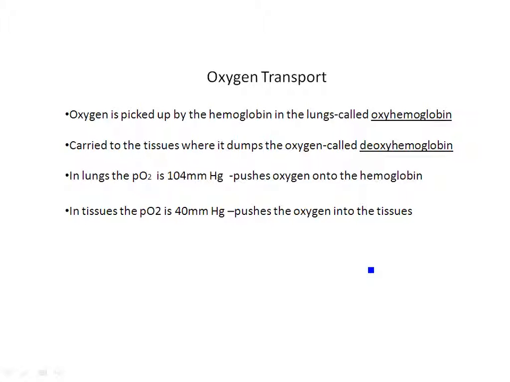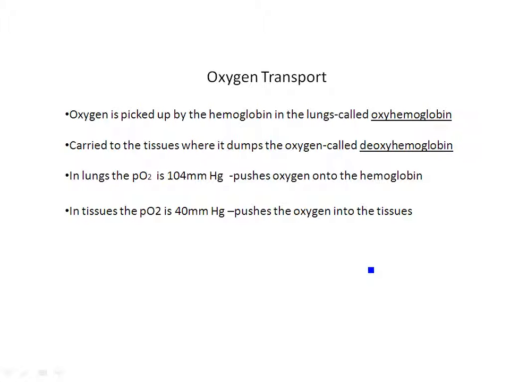So when you cut yourself and you bleed and you see that bright red blood coming out, that's oxyhemoglobin. It's saturated with oxygen. Then once you carry that blood to the tissues and you dump that oxygen, you're going to call the hemoglobin deoxyhemoglobin, or hemoglobin without oxygen. So you dump that off, and that gives the hemoglobin more of a dark red color.